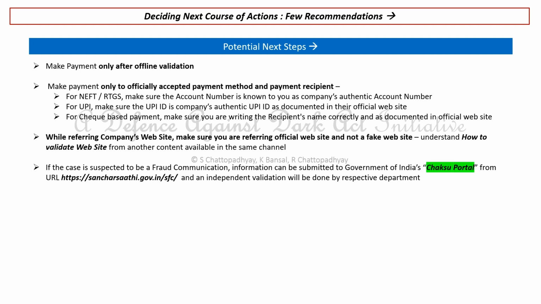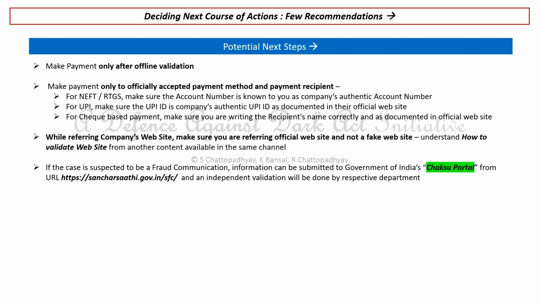So now, once you have done the situation analysis and you're at a point where you have to decide the next course of action, there are a few recommendations you can consider. You should make payments only after offline validations.